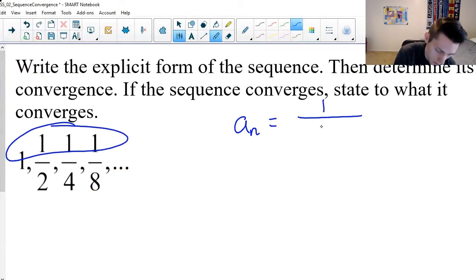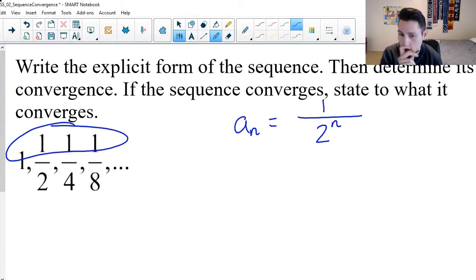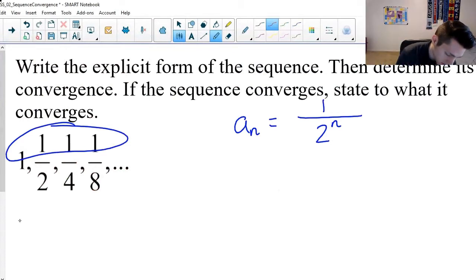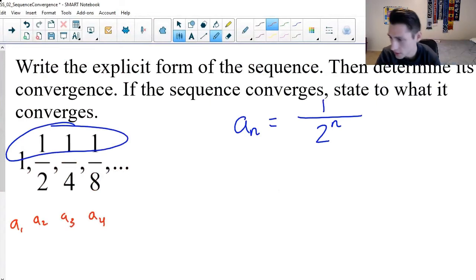So my denominator should be 2 to the nth, right? Yeah, 1 over 2 to the power of n, exactly. And now you can double check things, because remember, this is my first term, this is my second term, this is my third term, this is my fourth term.